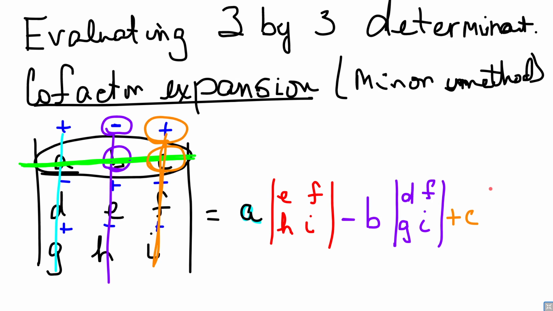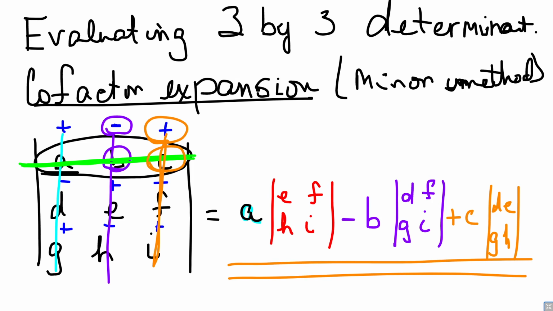So I'm going to have C times the determinant with the values D, E, G, and H. This is how we evaluate a 3x3 determinant by cofactor expansion. Trust me, you're going to get enough practice with this. Or if you've taken linear algebra, you've probably been exposed to this already. Any questions?